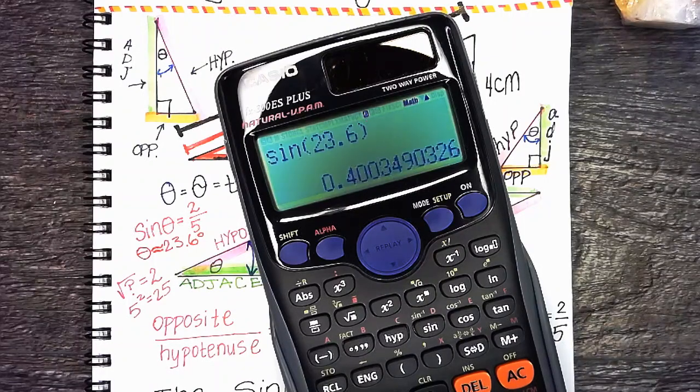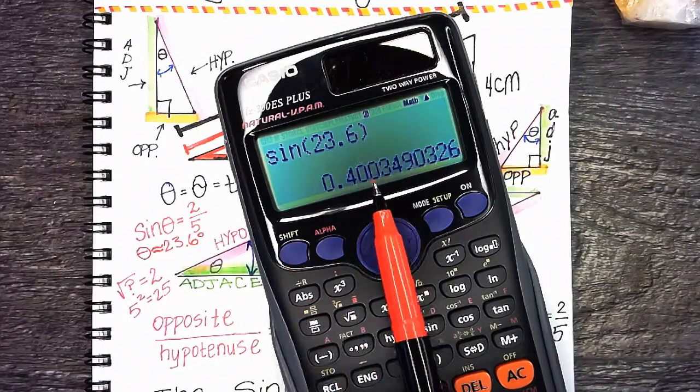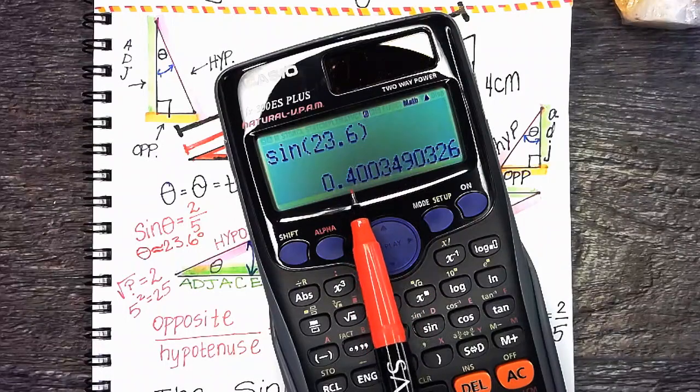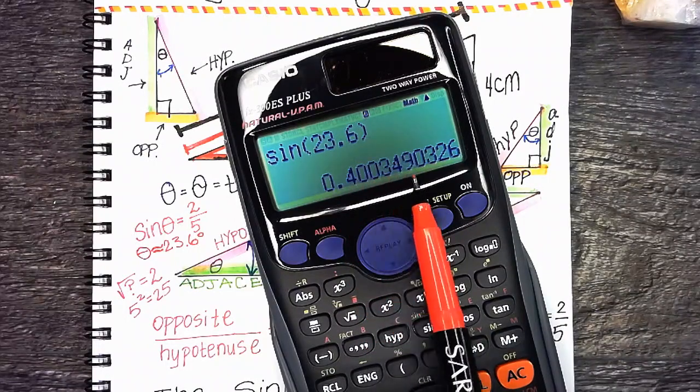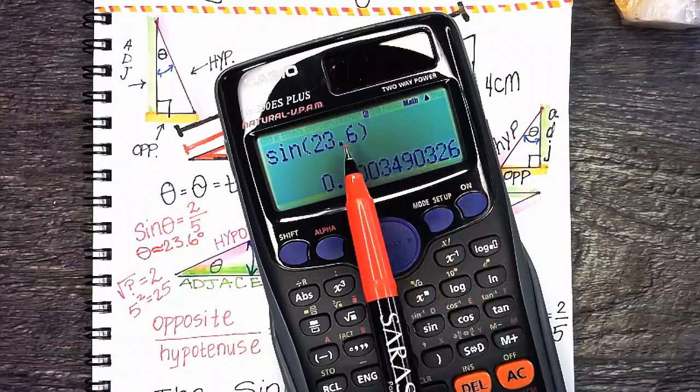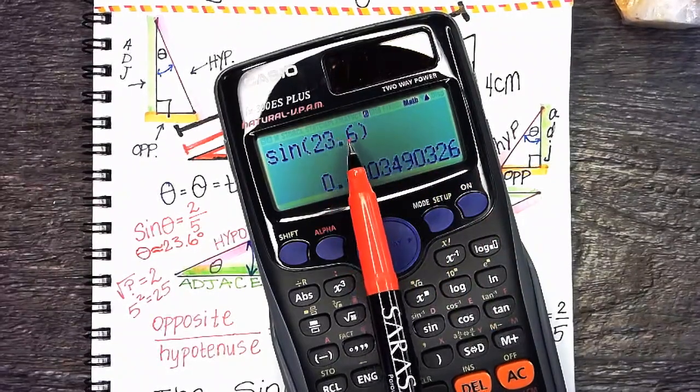When I hit equals, instead of giving me 2/5, the calculator has given me 0.4003490326, and so on. Now this is pretty close, 0.400, but once we get out to the tenths, hundredths, thousandths, 10,000ths place, I'm a little bit off. Rounding can make quite the difference.